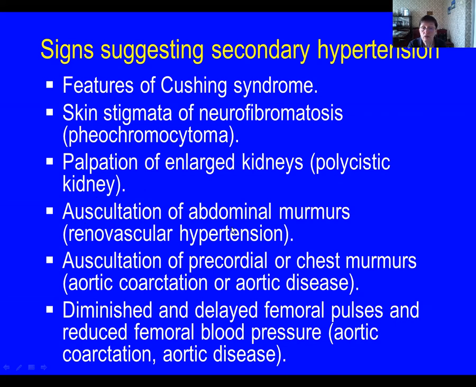Then we may auscultate abdominal murmurs in case of renal vascular hypertension, or precordial and chest murmurs in case of diseases of the aorta. And also we can find diminished or delayed femoral pulses and reduced femoral blood pressure in case of aortic coarctation, which means narrowing of the aorta at some level in the chest or abdomen.